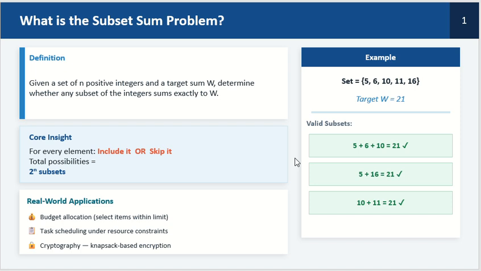We have two choices, whether we include an element or skip it. It is not necessary to include every element, or to skip every element. This creates a possible 2 raised to n combinations of subsets. Real world applications include budget allocation, task scheduling, and cryptography, that is knapsack based encryption.